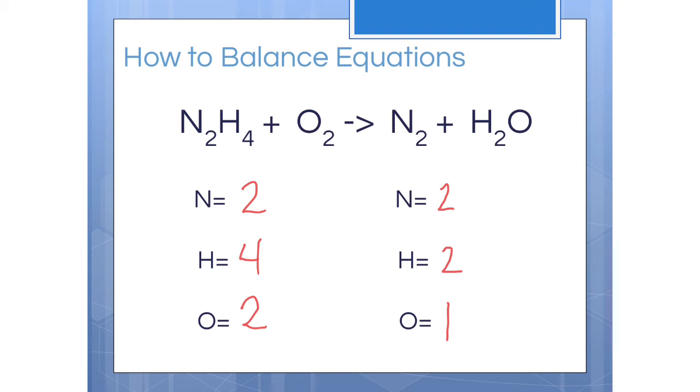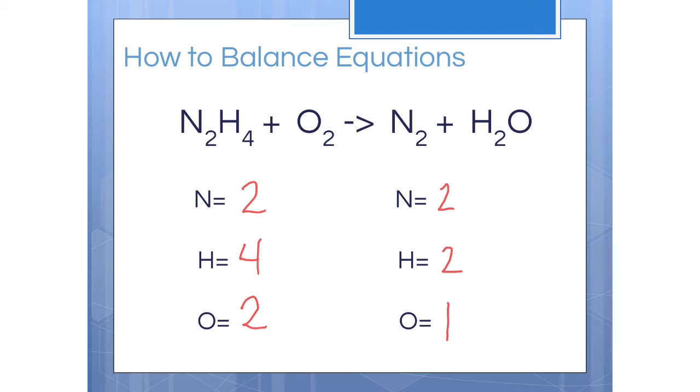Now when you look at it this way, you can see that the nitrogens balance out. The hydrogens do not, and the oxygens do not as well. So nitrogen is the only thing that is balanced.